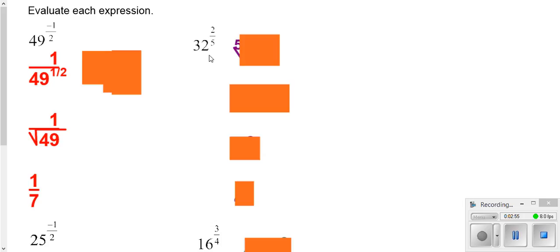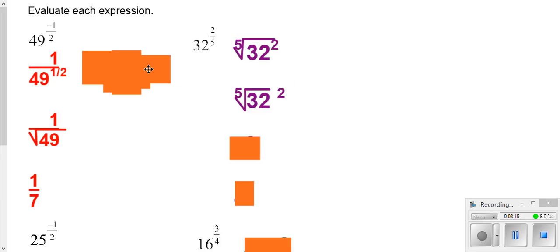Here, I have the 5th root because I have a 5 in the bottom of my exponent, and then I have to square it. Now, I could go ahead and square my 32 and then take my 5th root, but I don't know 32 squared off the top of my head. That'd be a relatively large number. You could go ahead and think of it as the 5th root of 32 and then square it.